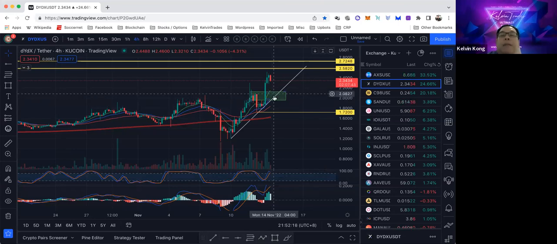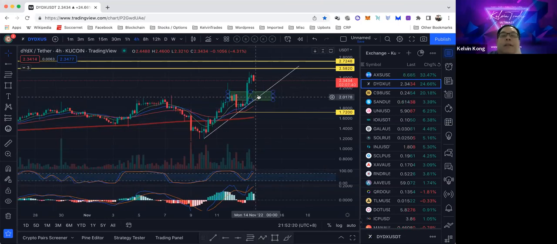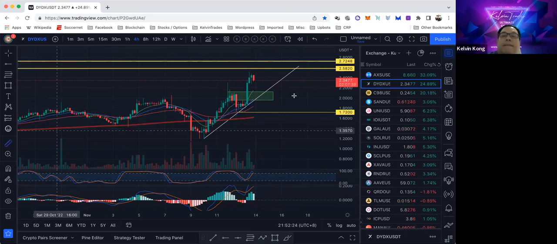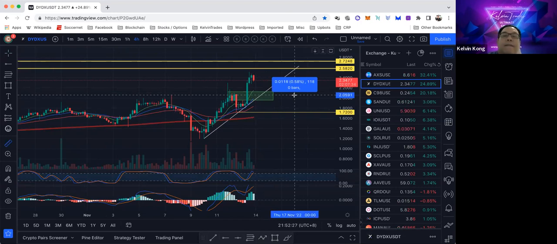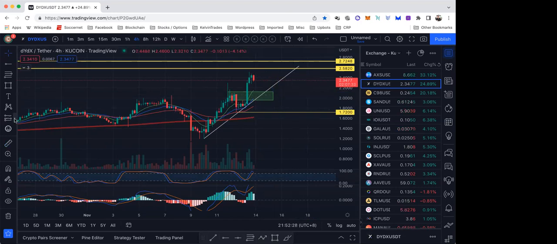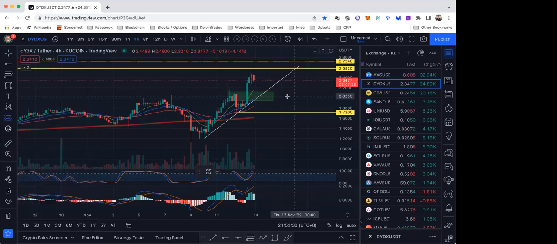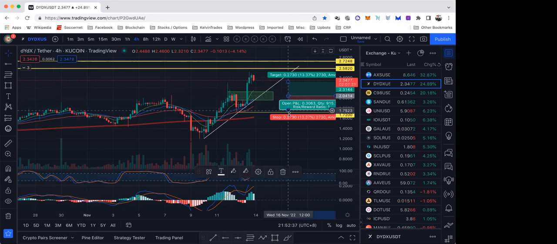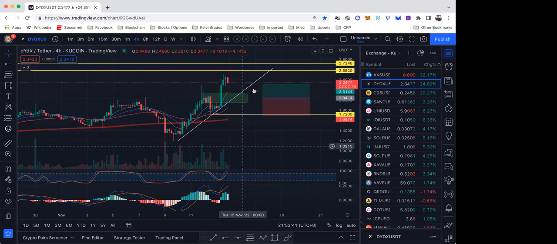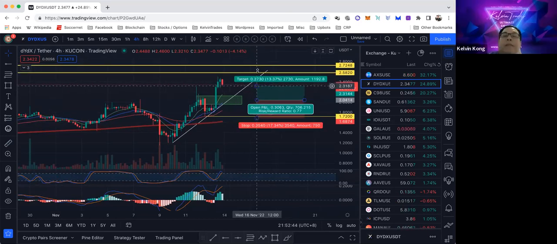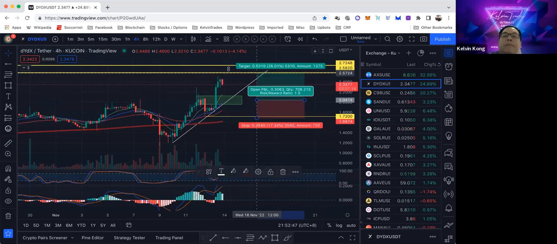Yeah, limit orders here. Stop loss here. Okay. So take profit will be the 2.58 there. Around here. This area will be a support.